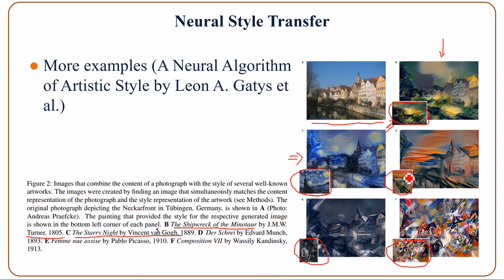In D, the style is The Scream by Edvard Munch in 1893. Other style images are by Picasso in 1910 and Wassily Kandinsky in 1930.